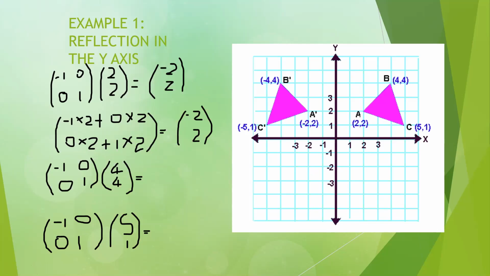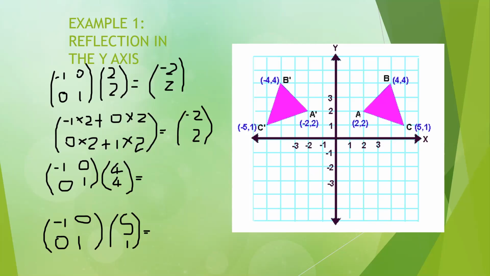Yes, but I'm showing you all how to work it out if they ask you to show how to work it out using matrices. Because if they ask you to work out something using matrices, then you have to be able to show your working. So I'm showing you how you would work it out. We know the shortcut method because you've already done reflection before, and also Ms. Louise went over reflection again in the previous session, right?